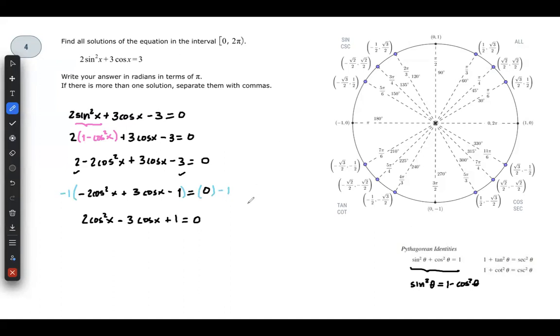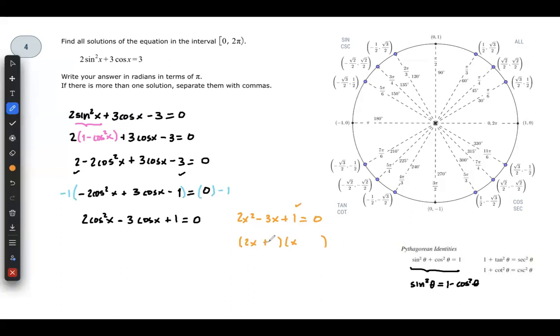Now, this is a quadratic equation. If you remember, there was a time when you had quadratic equations as 2 times x squared minus 3x plus 1. And you could simply factor this by doing 2x and x. Luckily, we have a positive 1 at the end.